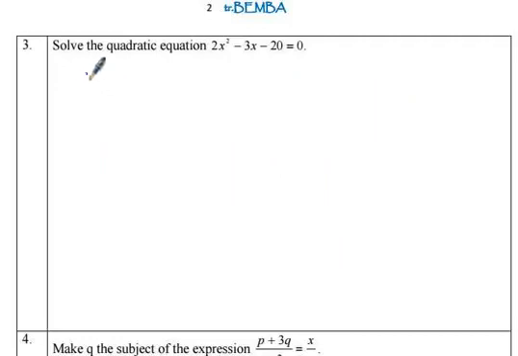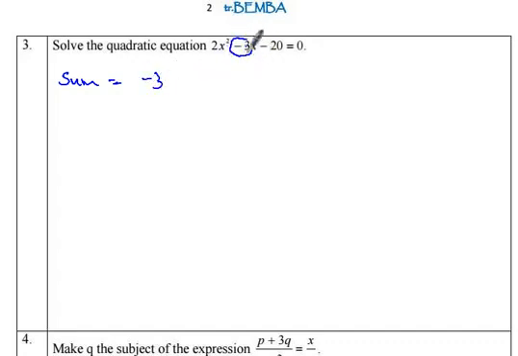Question 3. Solve the quadratic equation, and then this is our quadratic equation here. And allow me to solve this using just 2 methods. I'll use the factorization method, which requires us first of all to get the sum, and our sum from this equation is this number here, negative 3.